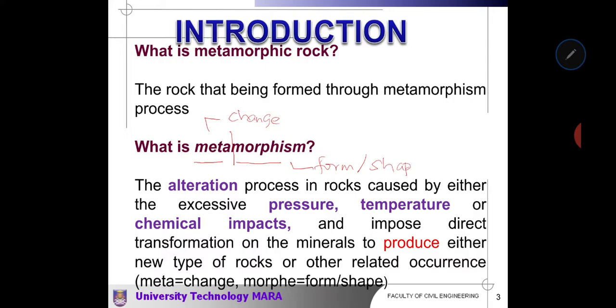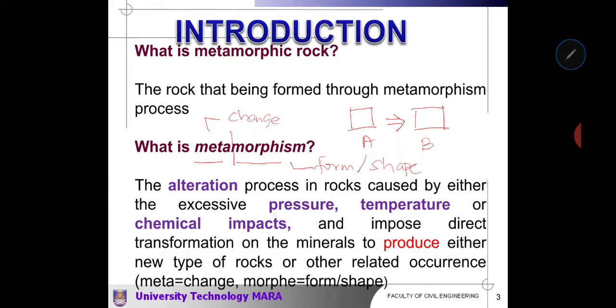So combining these two words, it is the process to change one material to form a new material. Let's say you have rock A, and this rock A undergoes metamorphism and a new rock will form, which is rock B.